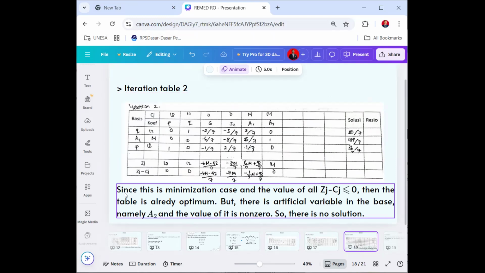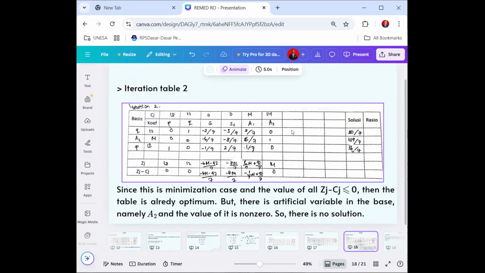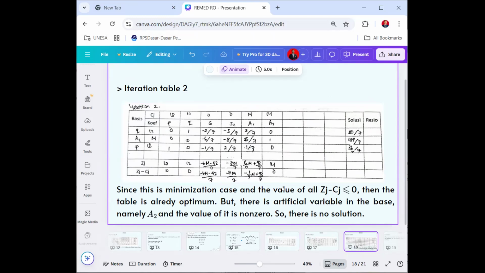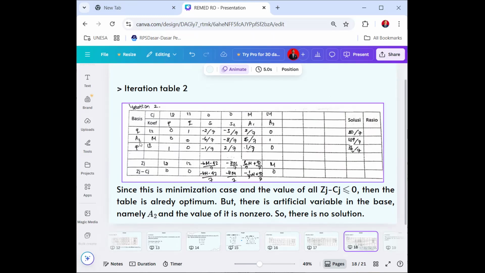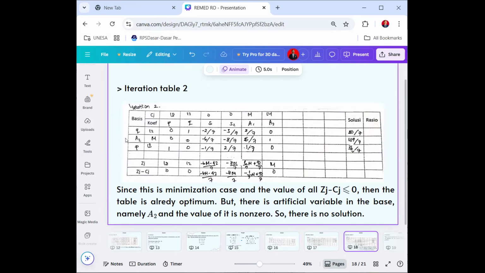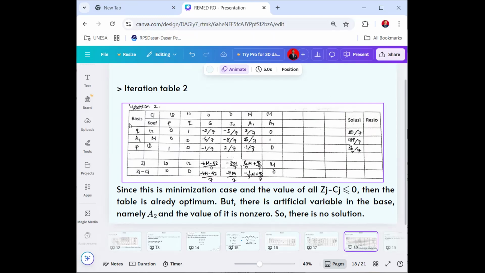Okay. Now the table is already optimum since the value of all zg minus cg is less than or equal to 0. But there is still an artificial variable in the basis, namely A2 here.